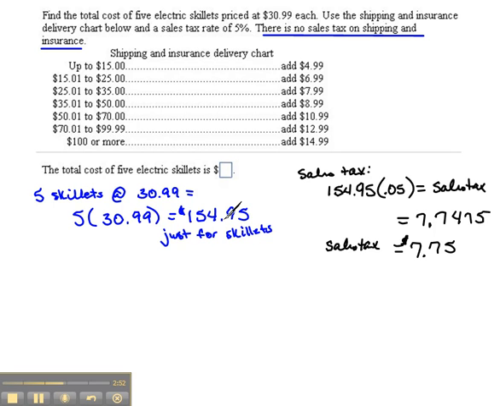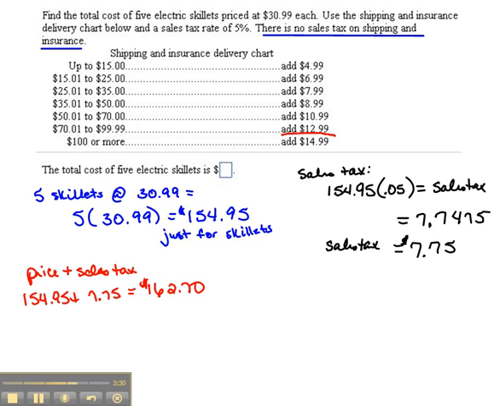Well, if we know that our skillets are $154.95 and the sales tax is $7.75, then we could come down here and say, okay, my price with sales tax would have to be the $154.95 plus $7.75. So that gives me a total of $162.70.